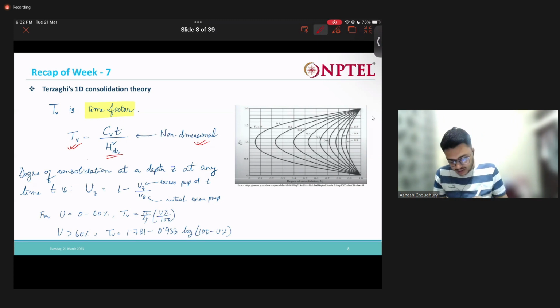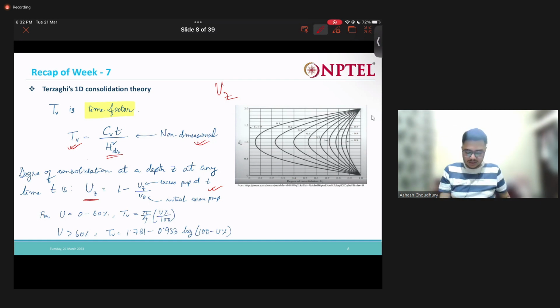Then we see the degree of consolidation at any depth z, time t, is given by this. This capital U z is nothing but the degree of consolidation, given by 1 minus the excess pore water pressure at time t by the initial pore water pressure.